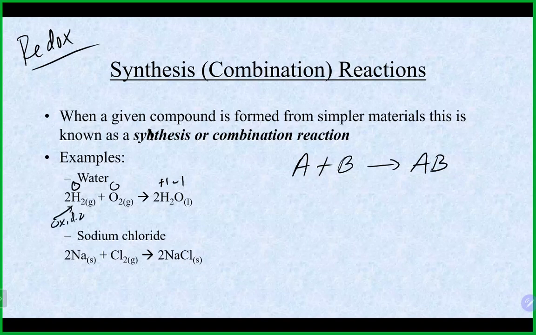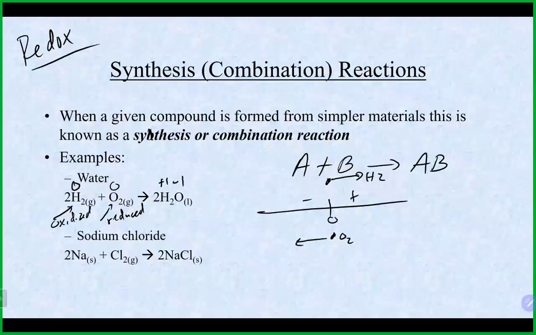And this guy is being reduced. Again, if you number line it up, our hydrogen starts at 0, ending at +1, and our oxygen starts at 0, ending at -2, being reduced in that case. So these are redox reactions, and these are synthesis and combination reactions.